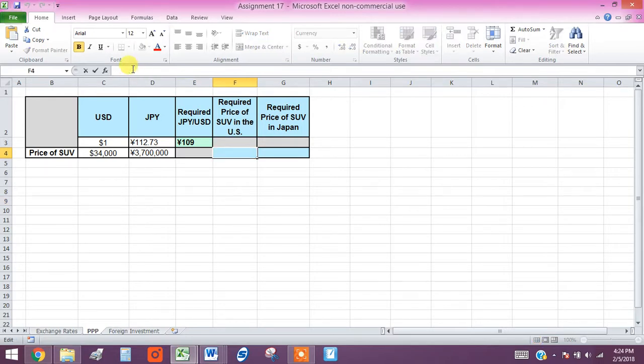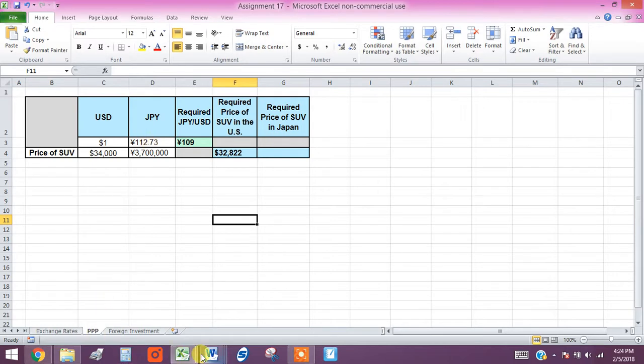So we want to go equals 3.7 million, which is in cell D4, divided by what's in cell D3, equals, right? Enter. And that's going to give us the price that the car should cost in the U.S. in order for us to have purchasing power parity with the current exchange rate.